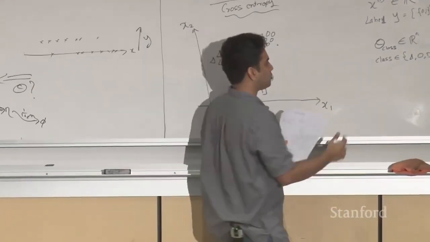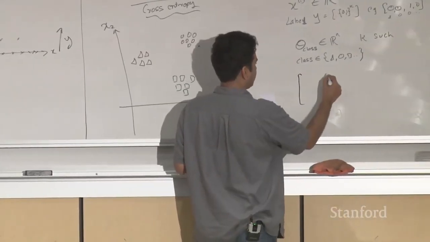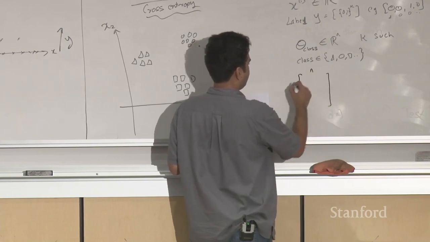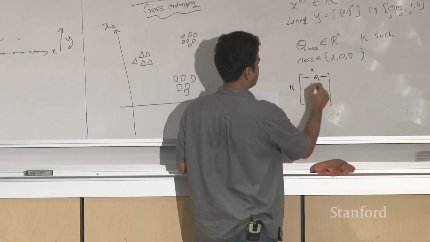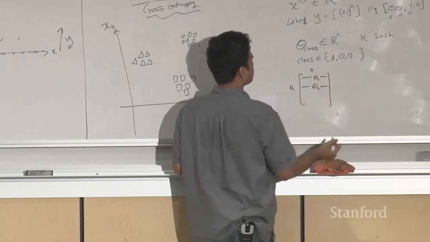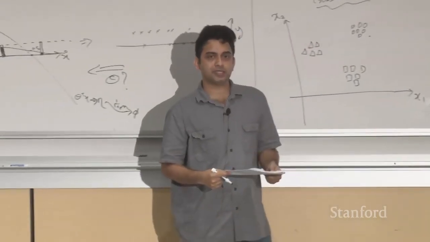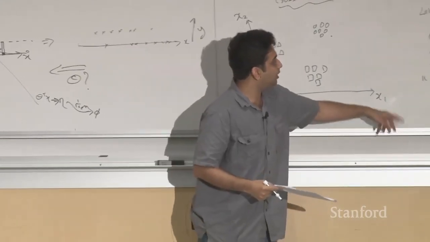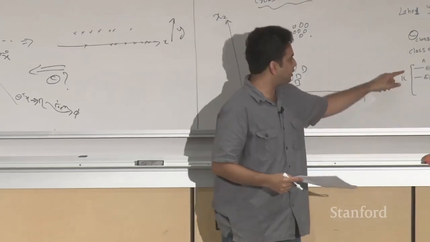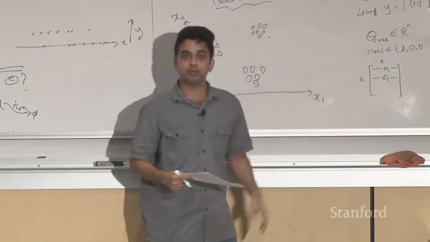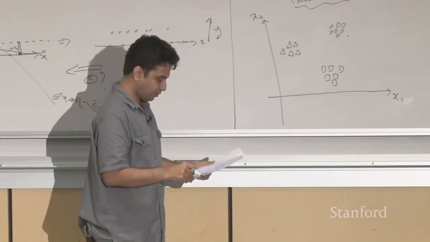You could also optionally represent them as an n by k matrix, where you have a theta class. So softmax regression is a generalization of logistic regression, where you have a set of parameters per class.